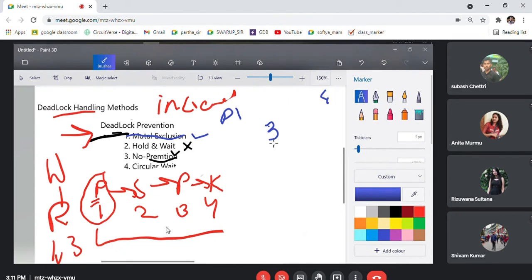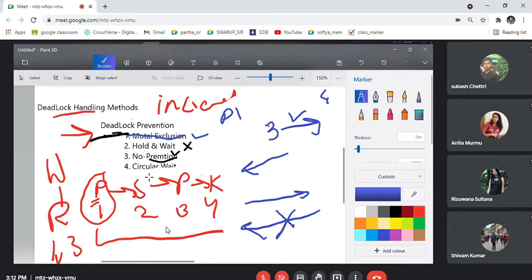With this approach, we are able to move upward or go forward. From 3 we can go to 4, but from 3 we cannot go back to 1 and 2. We are not allowing the decremental order. If we allow moving forward but not going backward, that means we are breaking the chain of circular wait.